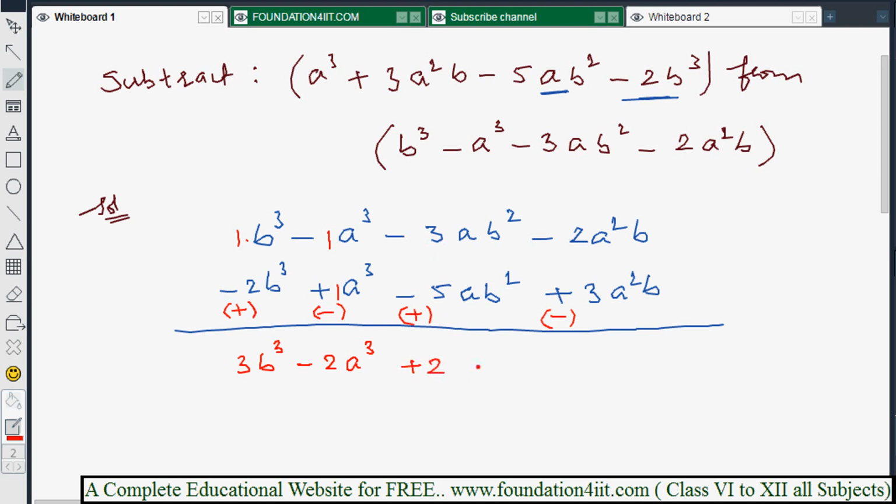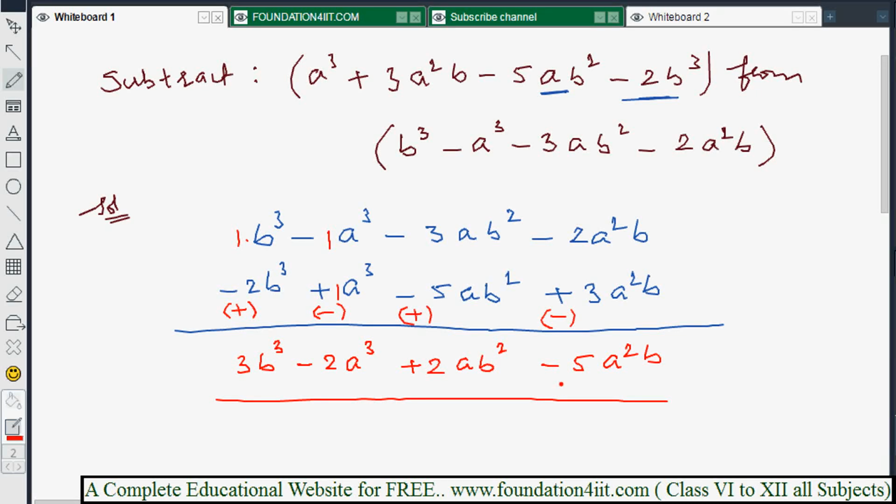Don't look at the old sign; use the new sign and add the coefficients only. After changing sign, you add ab square: minus 2 minus 3 is minus 5a square b. Now this is the required polynomial: 3b cube minus 2a cube plus 2ab square minus 5a square b.